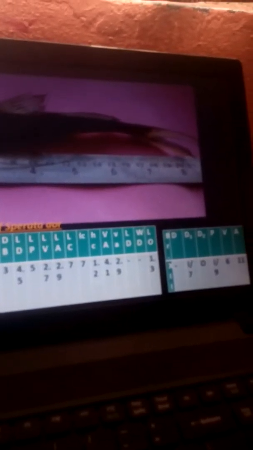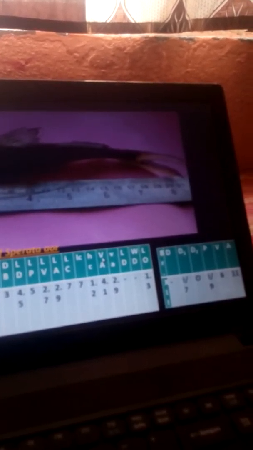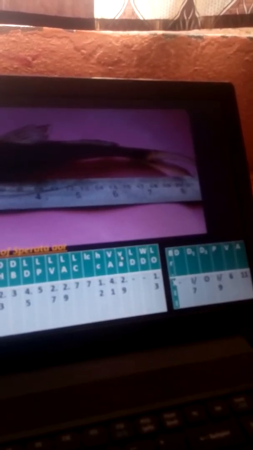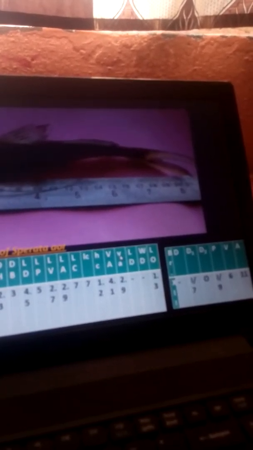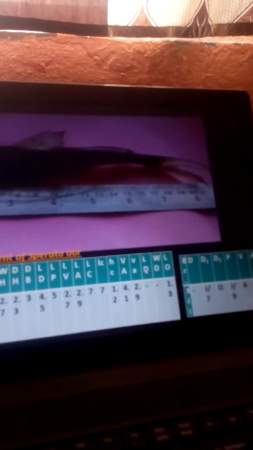Similarly, we take the distance between the ventral fin and anal fin. We take the distance between the vent and the anal fin. If there is presence of disc, we take the length of the disc.